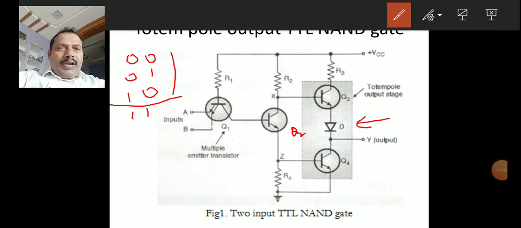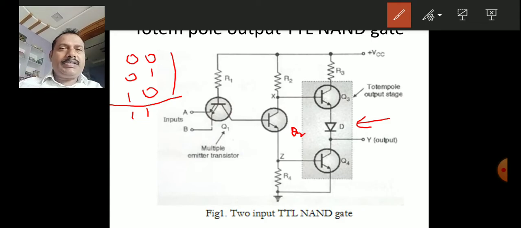Whenever the inputs are 0 0, 0 1 or 1 0, for all these three combinations, Q1 conducts because the emitter junction is forward biased. Either both junctions are forward biased when 0 0, or when one input is 0 and the other is 1, one of the emitter junctions is forward biased.